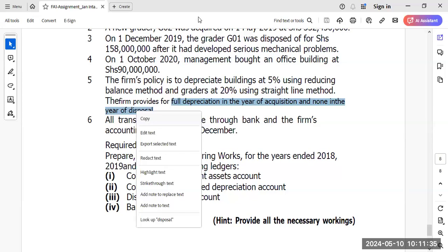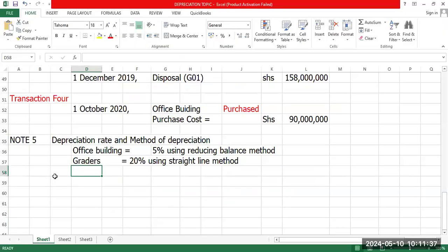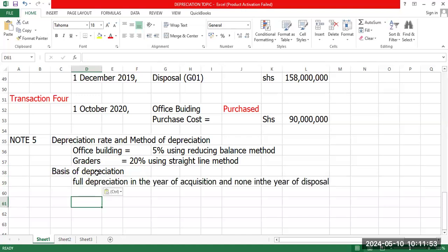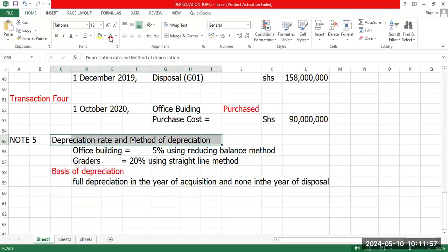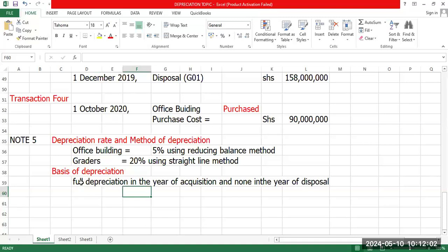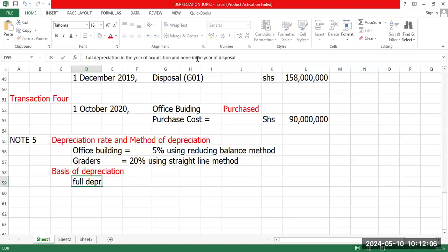Which condition should we base on as we depreciate? It is this one. So here it is not time apportionment. Perfect.